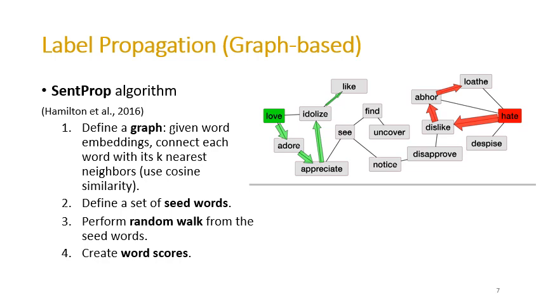So the very first step is defining or drawing a graph. To draw a graph, the first thing that we need to do is obtain the word embedding for each word. So each word must be represented in a vector. And then we compute the cosine similarity between one word and all the other words that we have in the vocabulary.